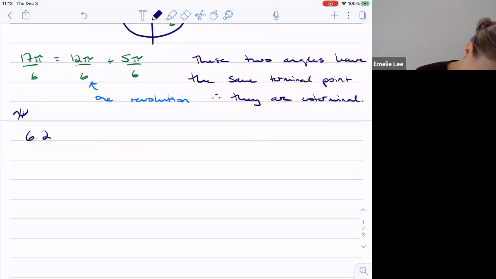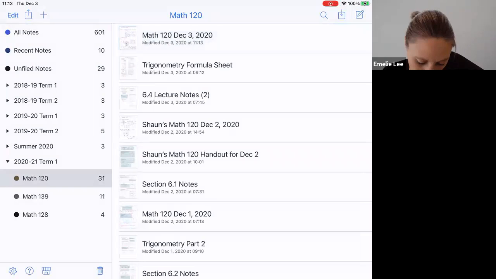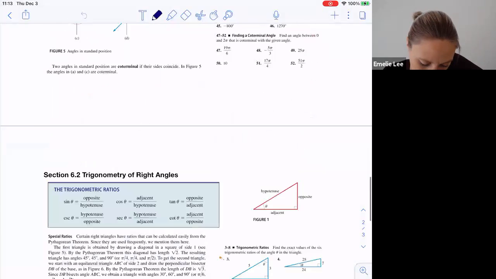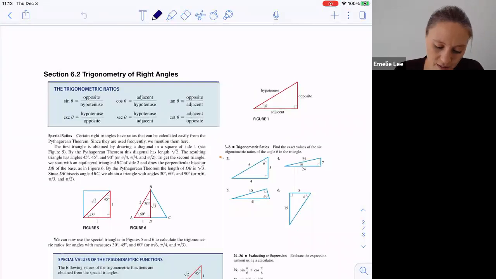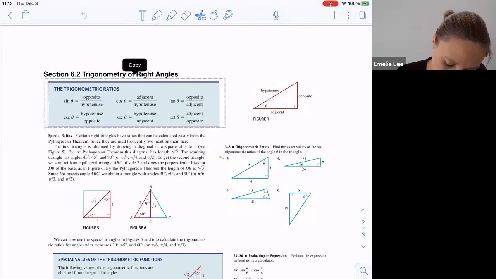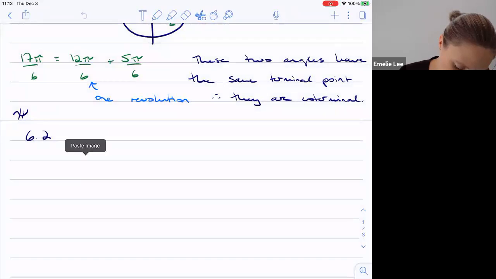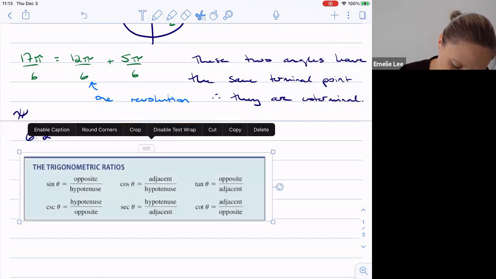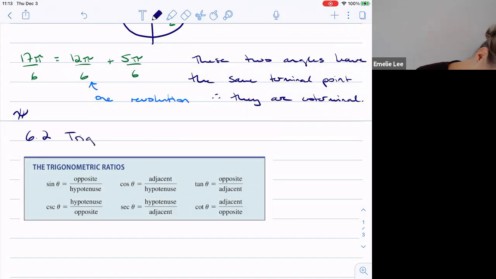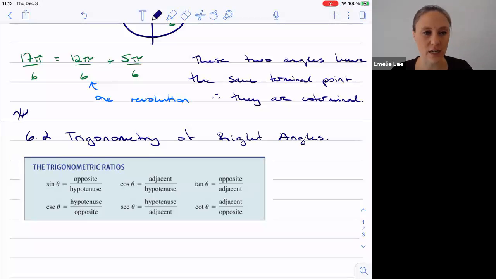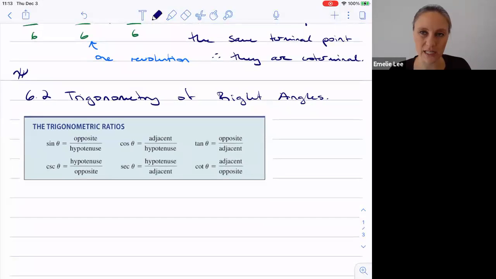So 6.2, if we go to the notes here, is the trigonometry of right angles. Right angles are angles with a 90-degree angle in them, or triangles with a 90-degree angle.